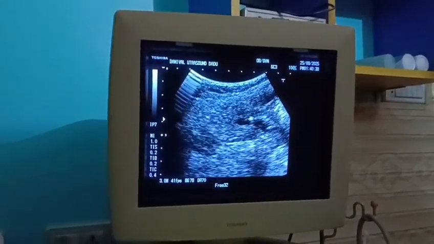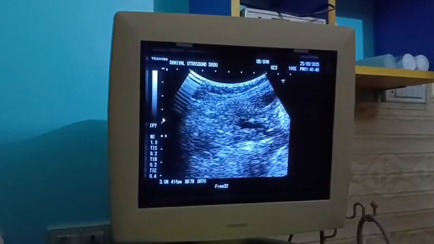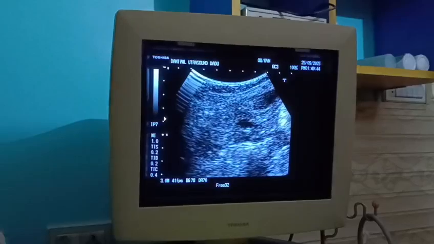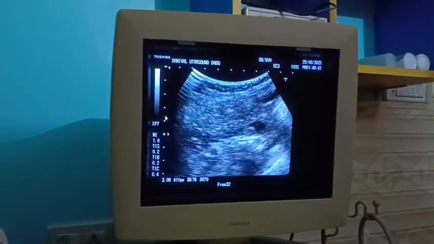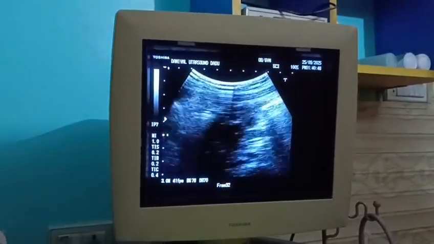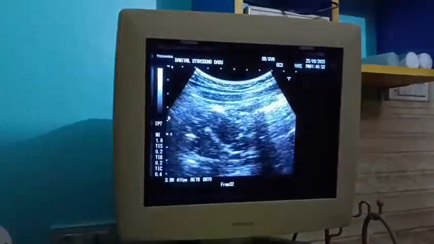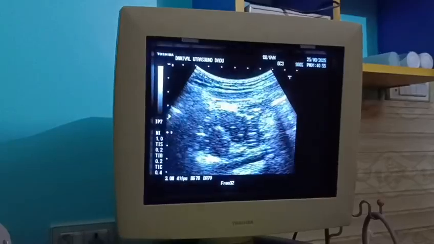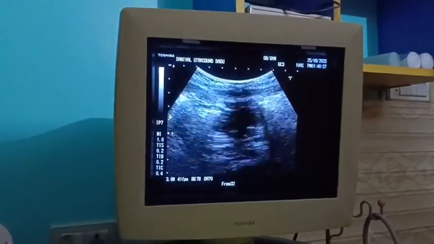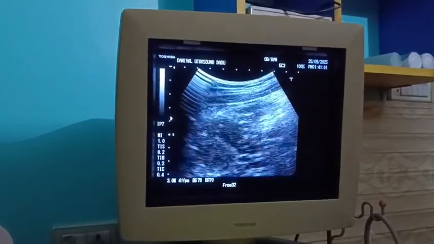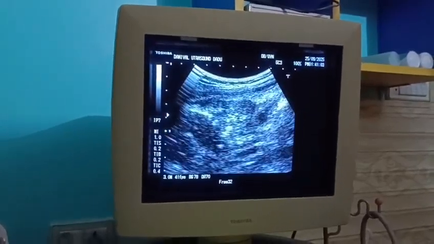Other indirect signs are that there would be a localized abscess or phlegmon and distended proximal bowels secondary to obstruction. But as I told you, certain features are really important to understand to reach the diagnosis of intestinal perforation.